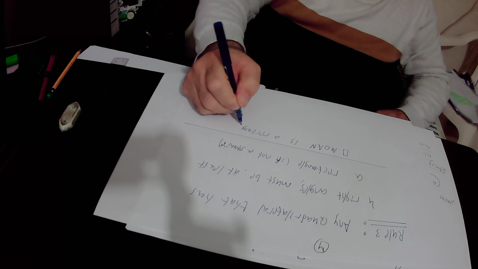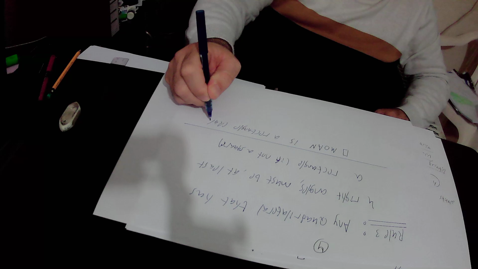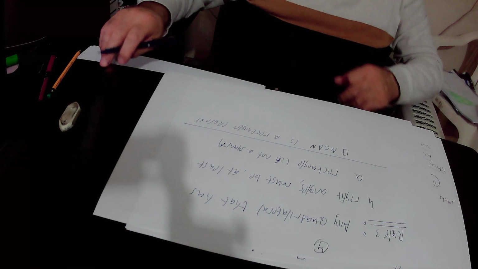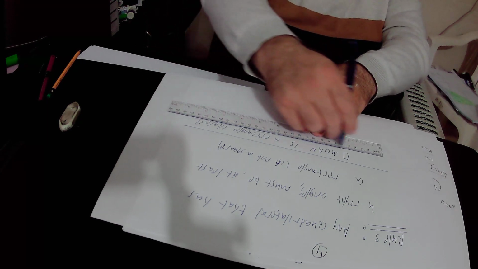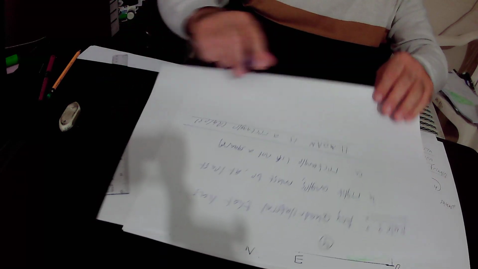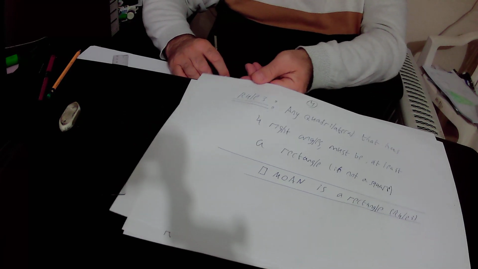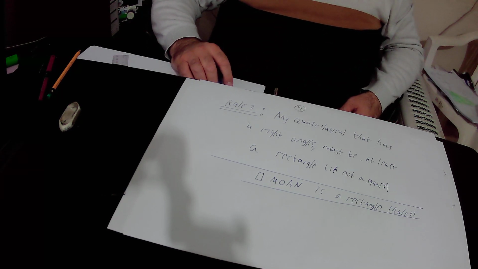According to rule number 3, it is a rectangle. I will repeat again. According to rule number 3, quadrilateral MOAN is a rectangle.